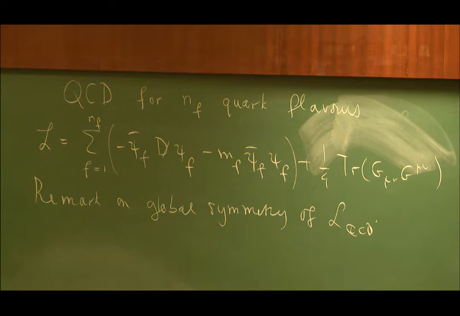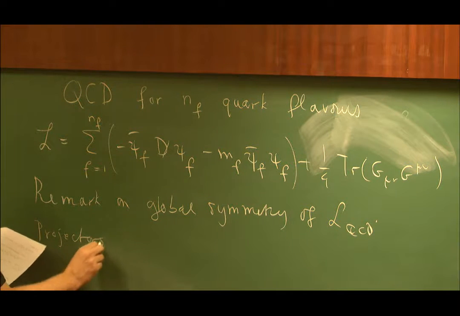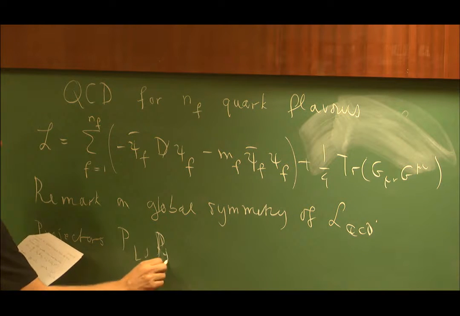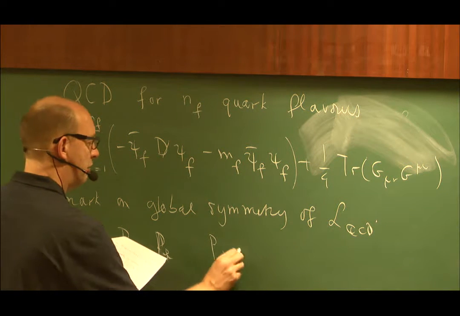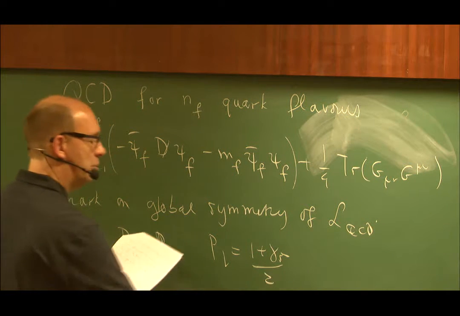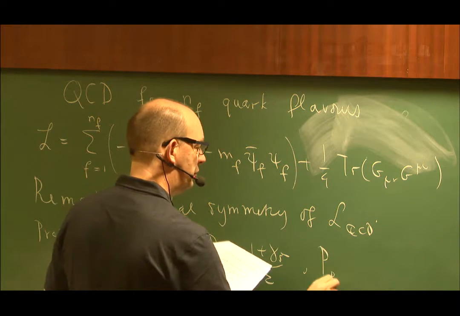So the relevant remark is that we have projection operators, projectors, PL and PR, where PL is defined as (1 plus gamma 5) over 2, and PR is (1 minus gamma 5) over 2.